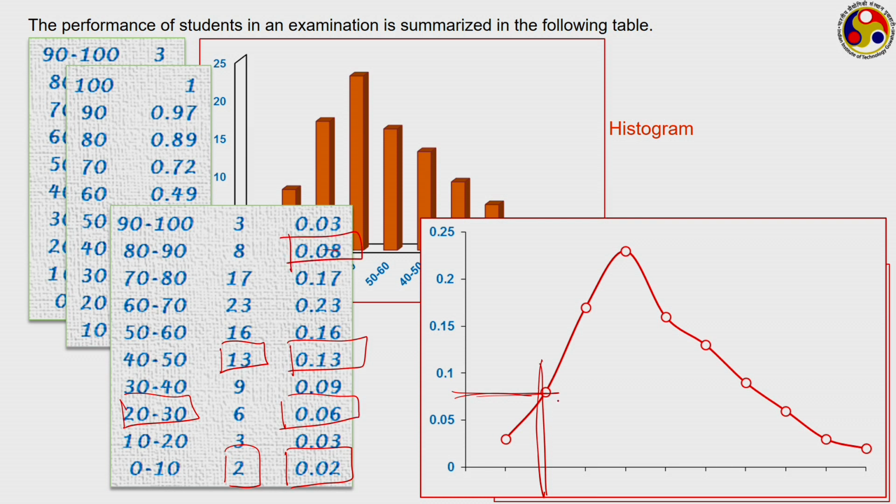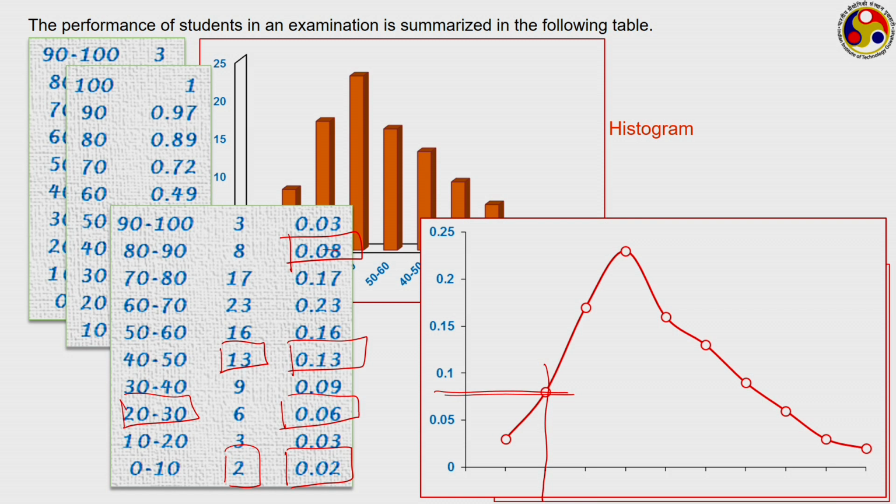That means, if we have this horizontal axis properly denoted here, then we can clearly see that within this particular interval, which is 80 to 90 in this case, the probability of a student appearing in this interval is 0.08 or 8%.